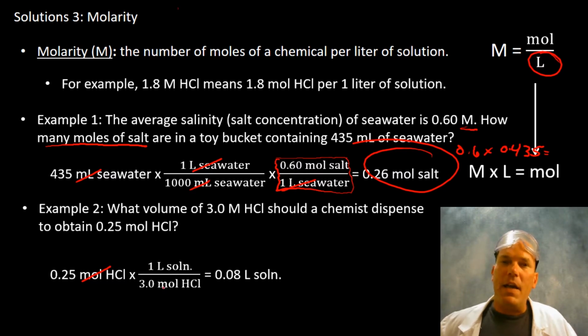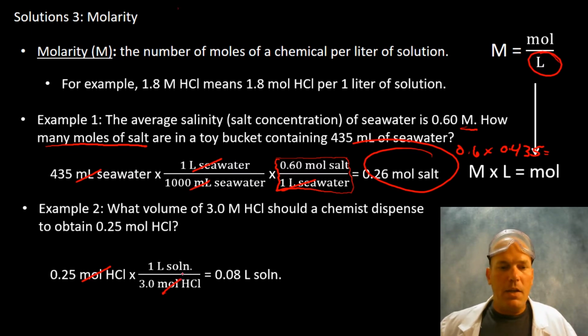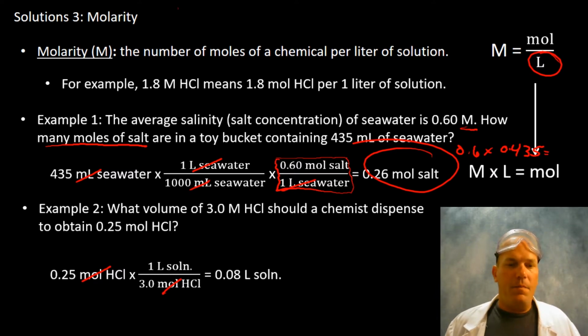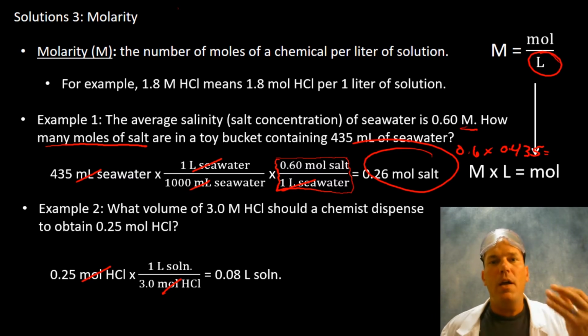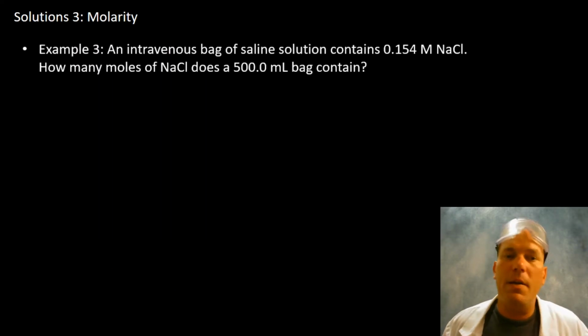And what's the connection here? It's a 3 molar solution, so in 1 liter, there are 3 moles. That gets you to the unit you need, which is liters. If there's 3 moles in 1 liter, and all this problem says is you need 0.25 moles, you're just going to need a small volume of that concentrated acid.